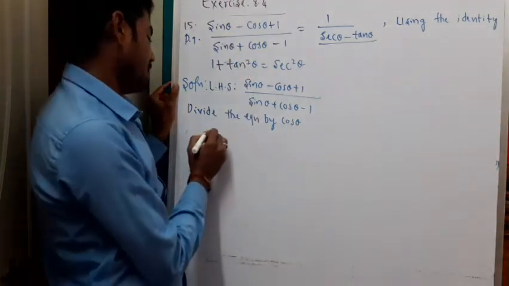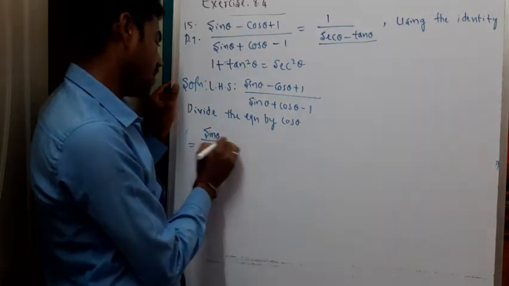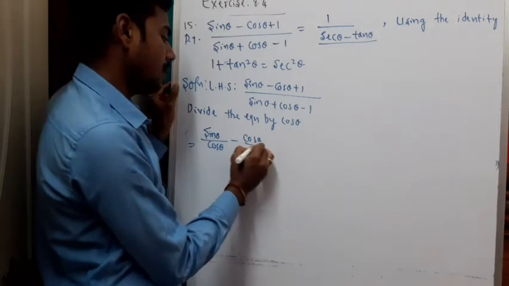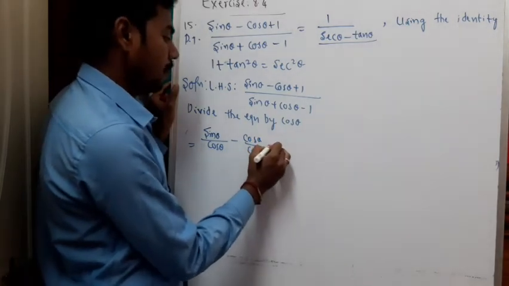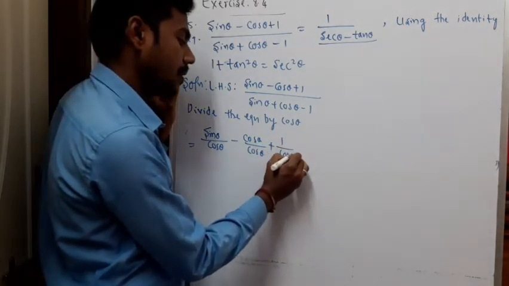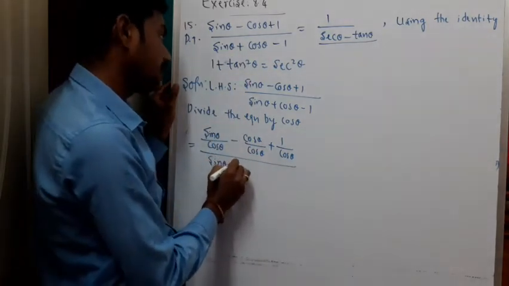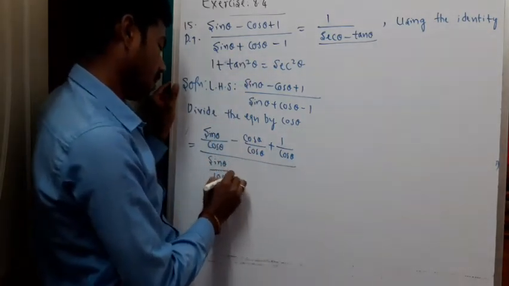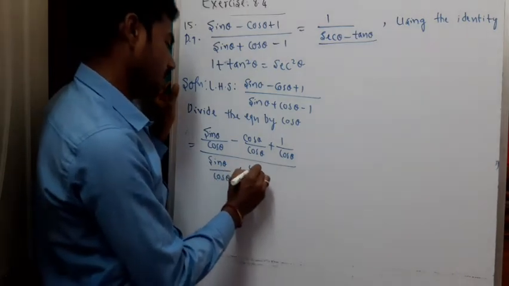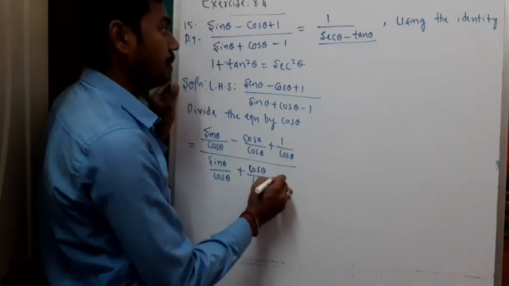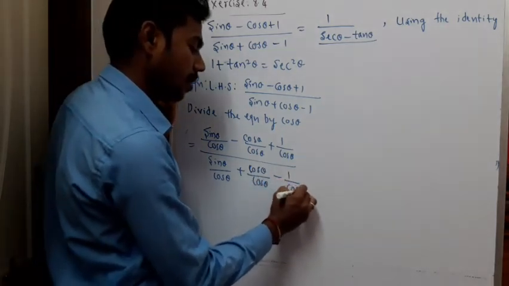So sin theta divided by cos theta minus cos theta divided by cos theta plus 1 by cos theta, divided by sin theta by cos theta plus cos theta by cos theta minus 1 by cos theta.